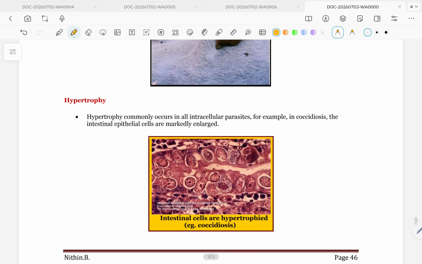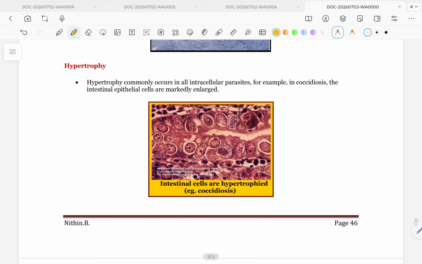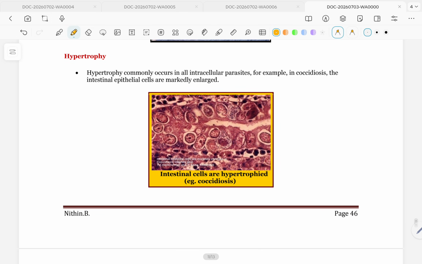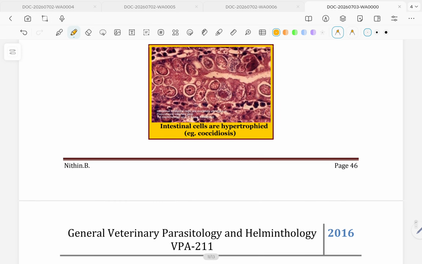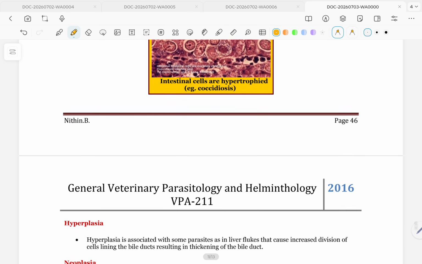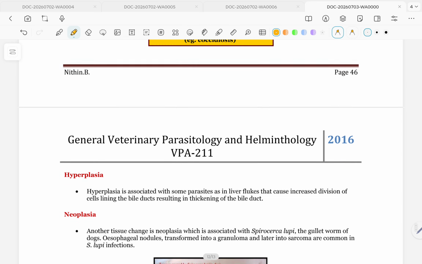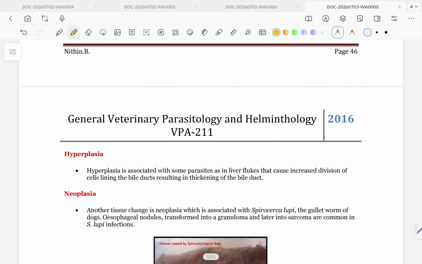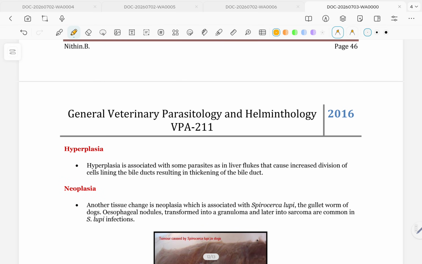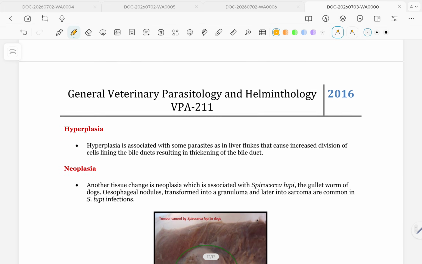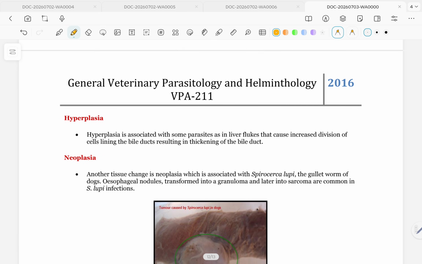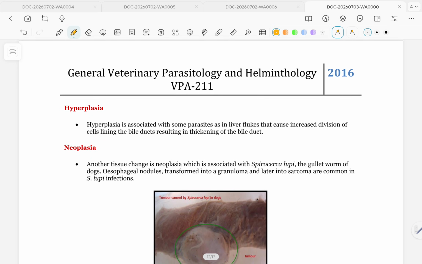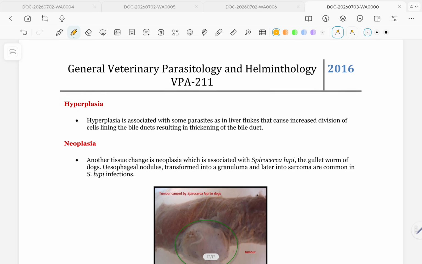For example, in coccidiosis, the intestinal epithelial cells are markedly enlarged. Hyperplasia. Hyperplasia is associated with some parasites, as in liver fluke, which cause increased division of cells lining the bile duct, resulting in thickening of the bile duct.